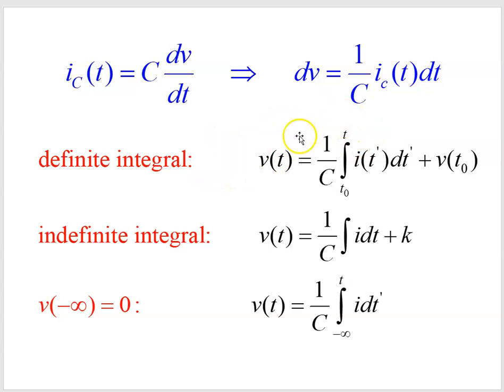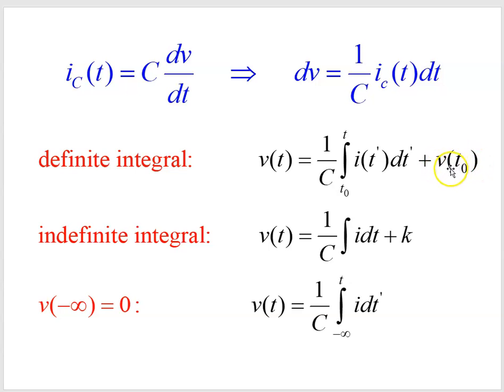When we're looking at the integral relationship, we can look at a definite integral, an indefinite integral, or a definite integral where we define that v of negative infinity is equal to 0 if we go from negative infinity to time t. In our definite integral, the voltage is always 1 over C integral of I dt. The definite integral means we know the initial voltage at that initial time, so we have to add that back in.